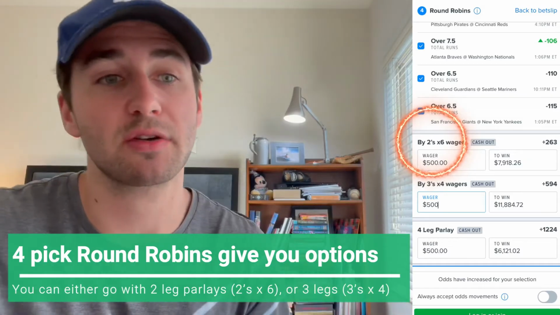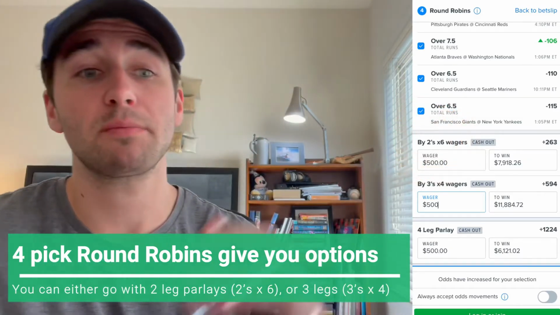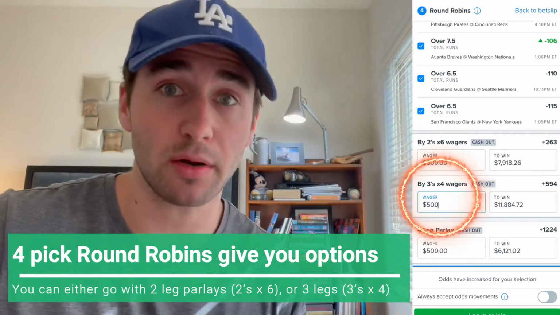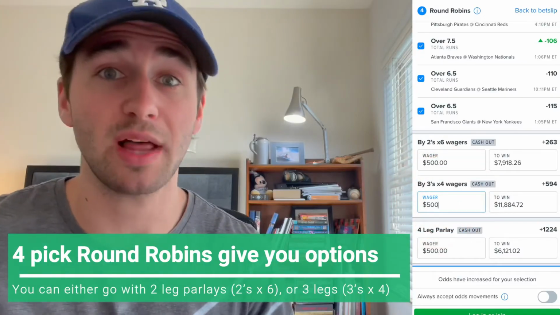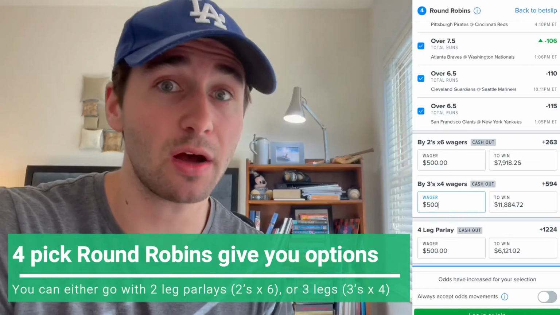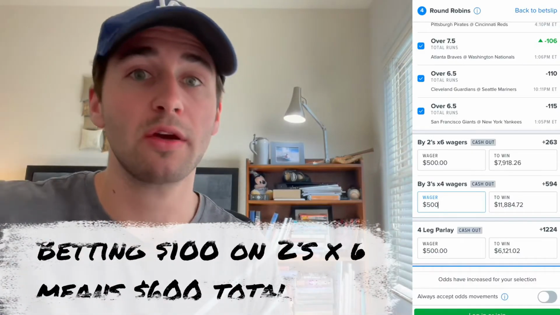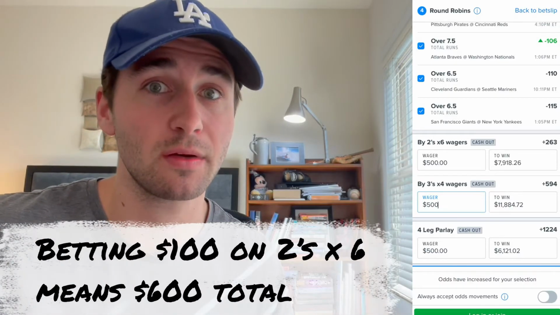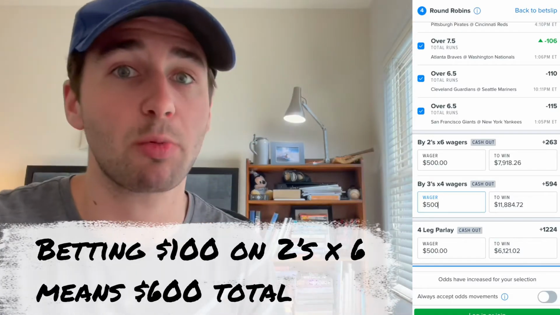You can see on the screen, it says you can either place 6 2-pick parlays, or you can place 4 3-pick parlays. And again, just remember, if you're placing 6 2-leg parlays for, let's say, $100 each, that actually means you're betting $600 total, because it's 6 different 2-leg parlays for $100 each. That's how the sportsbooks operate.